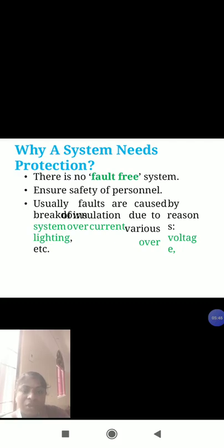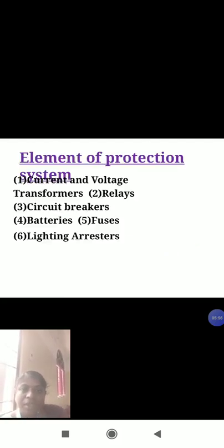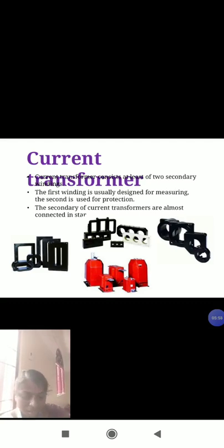Normally this overcurrent protection is used in the protection of transmission lines, and this carrier current protection scheme is used in the protection of extra high voltage lines. Distance protection is used in the protection of transmission lines, and a differential protection scheme is used in the protection of generators and transformers.